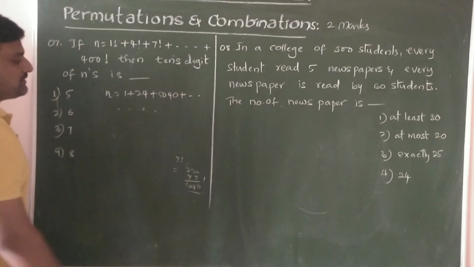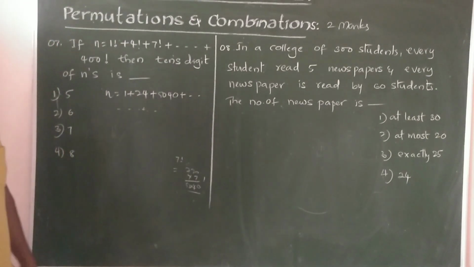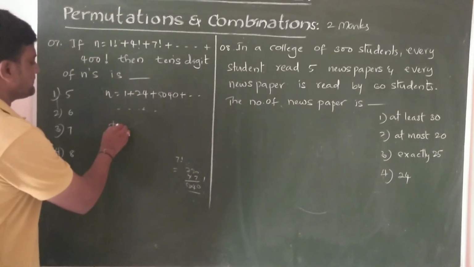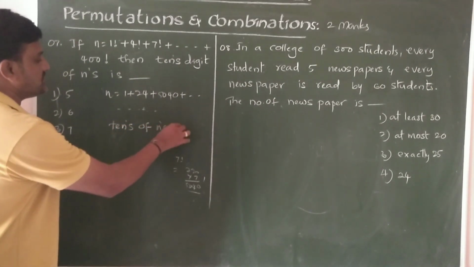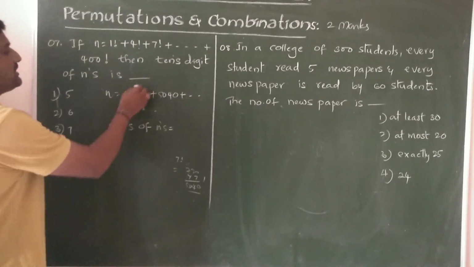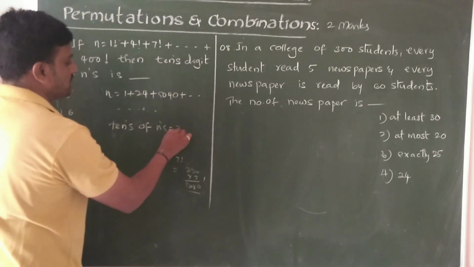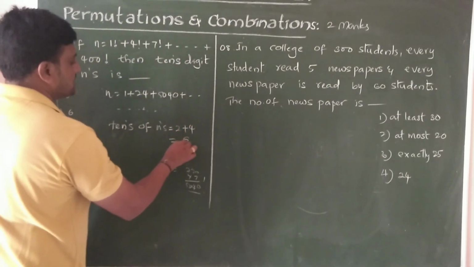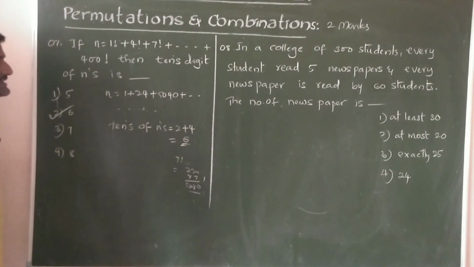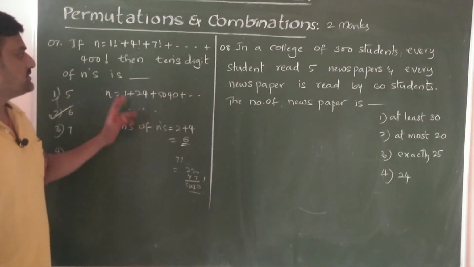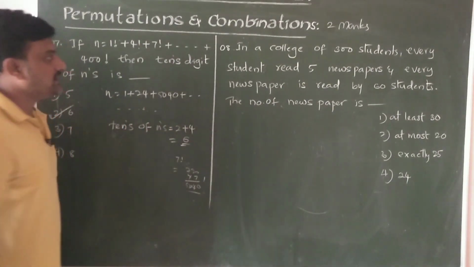Now simply, the tens digit ends should be, you can write here 24. So 2 plus 4 equals 6. Okay, now 6 tens are there. It is a shortcut way actually. We have a lengthy reason here.